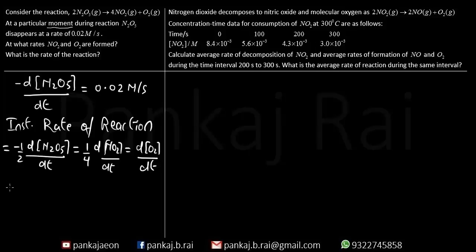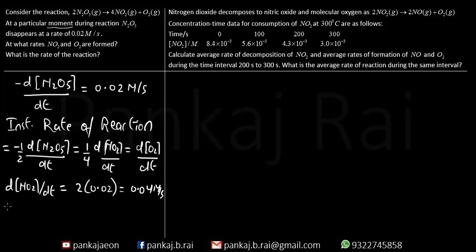The rate of formation of NO2 with respect to time is 4 by 2 times minus d[N2O5]/dt. Sending the 4 over there, 4 by 2 becomes 2, and substituting minus d[N2O5]/dt as 0.02, that will be 2 times 0.02, so it is 0.04 molar per second.